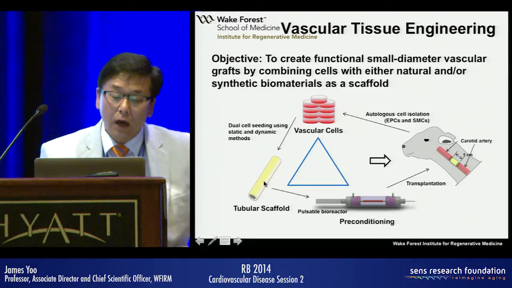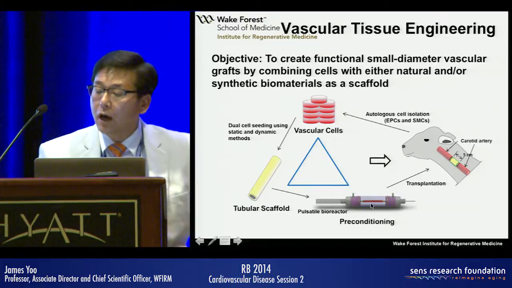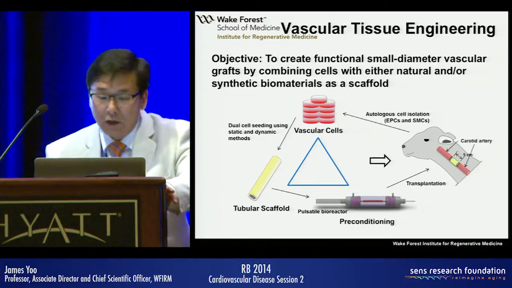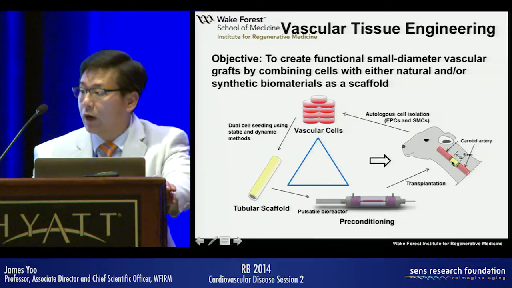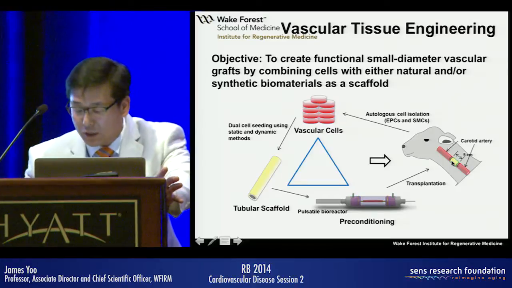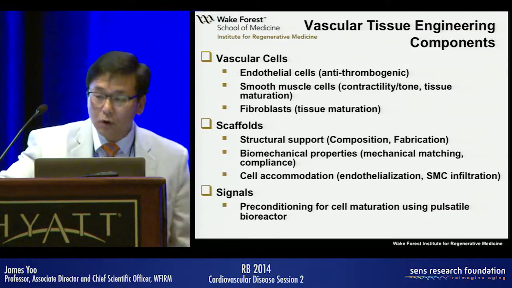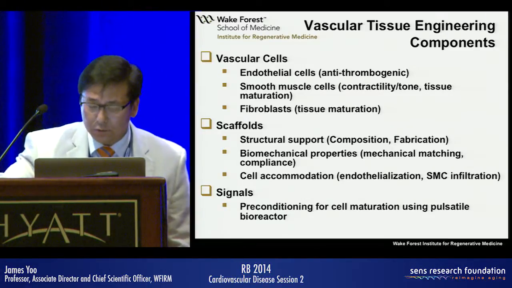Then these cell-containing scaffolds are preconditioned to make the cells adapt and mature, and then the construct is placed back into the same patient where the cells came from. That's basically the approach that has worked over and over again.